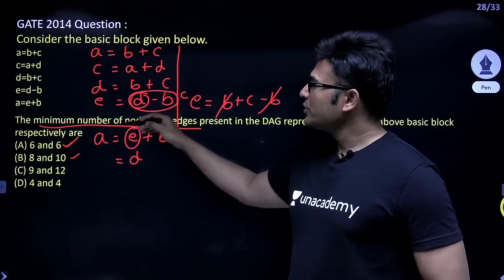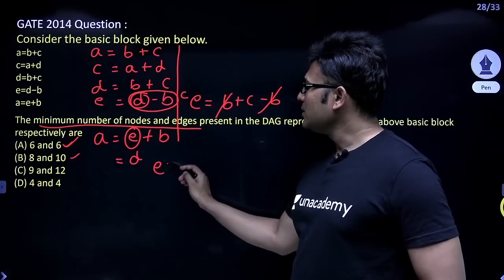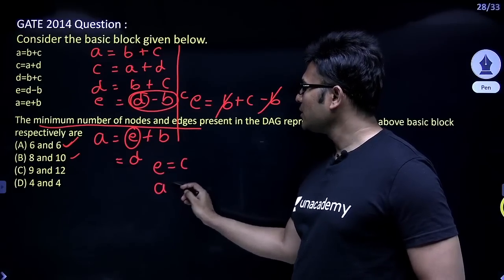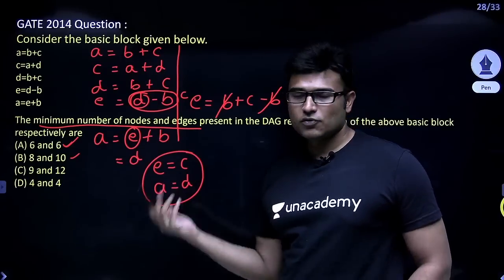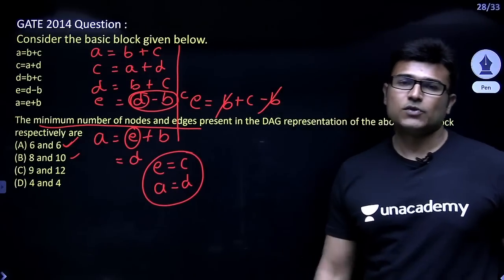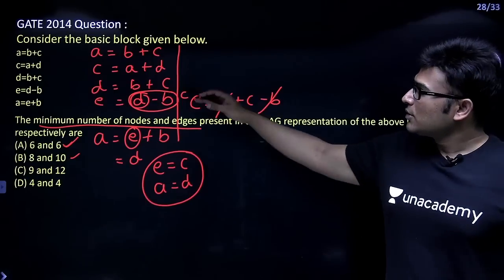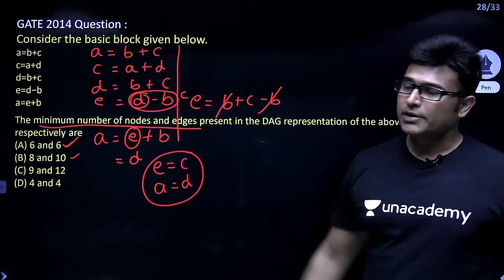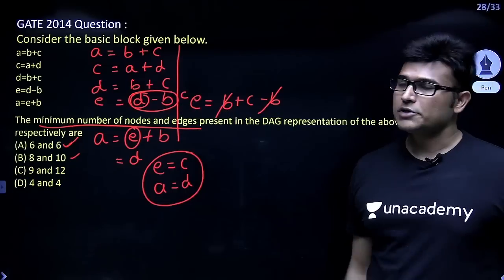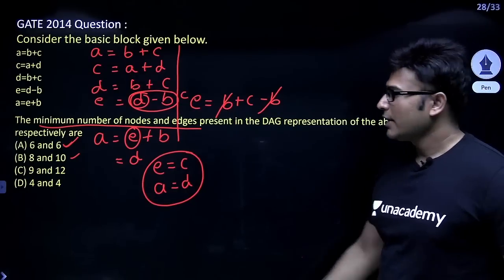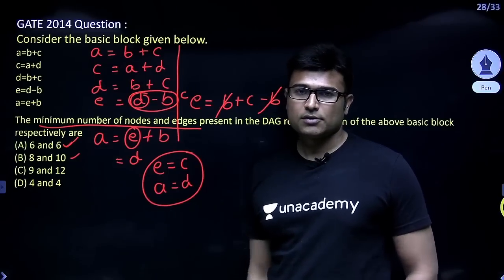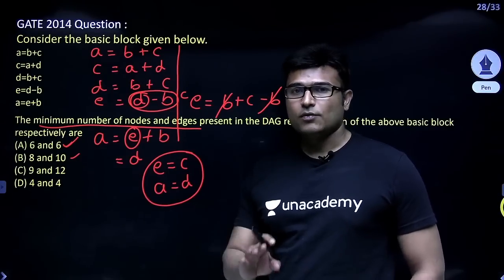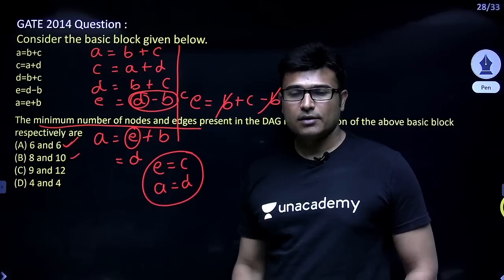So the last two instructions are E equal to C and A equal to D. By writing like this, the number of nodes is obviously reduced. But given a question, should you simplify it? That is not given in the question. They have given the answer as 6 and 6, and I am just telling you how they got it, but they have not mentioned it anywhere.